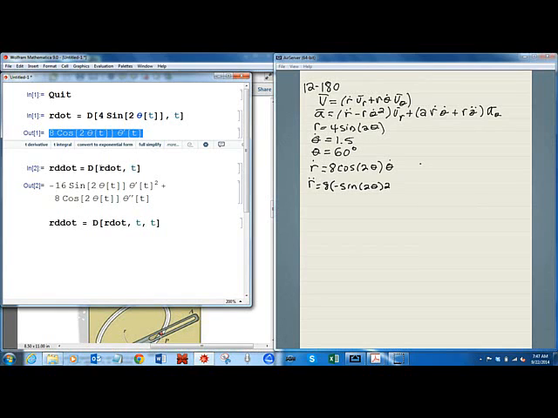Why theta dot? It's the chain rule, right? For example, here's the chain rule in general. Let's say you have a function, y is equal to a function of x. Y equals x cubed, right?